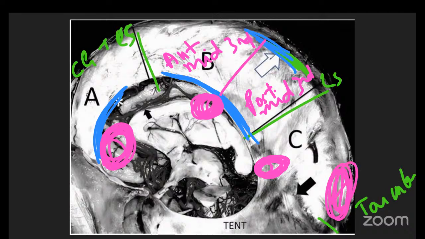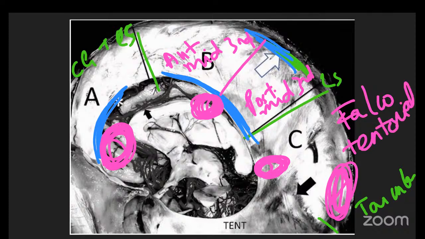There's a specific category: let me write this, falcotentorial meningiomas. If this is the tent, the tentorium cerebelli, and this lesion grows big enough, it can involve the tent and the falx both, and in the worst case scenario, also engulf the torcula, which is posterior.